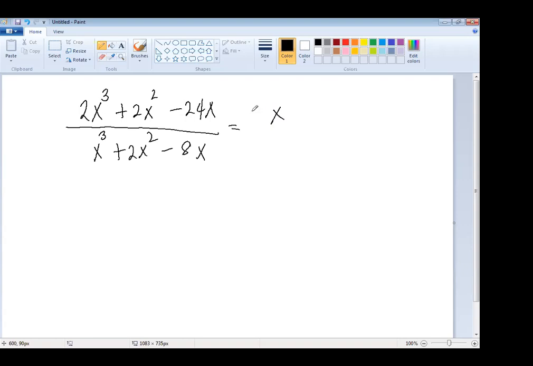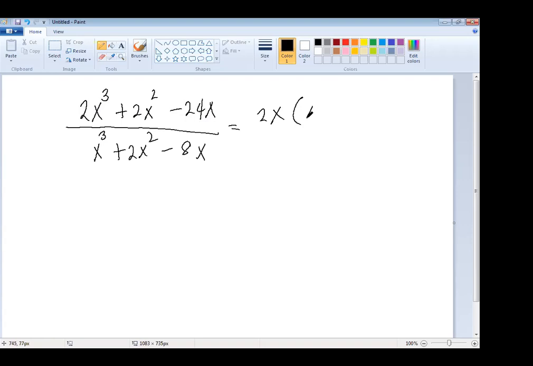And then we have the numerical coefficient. The common factor of 2, 2, and 24 is positive 2. So the common factor now is 2x. And then after that, what will be the remaining?